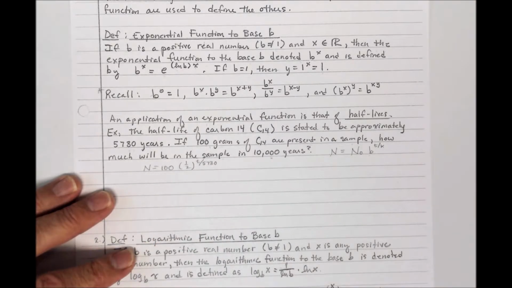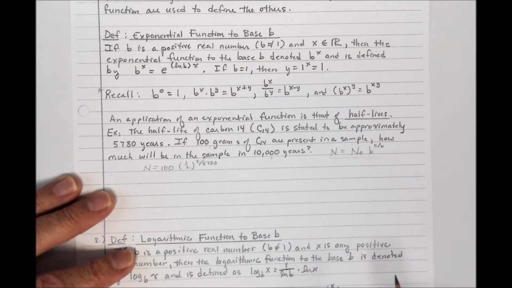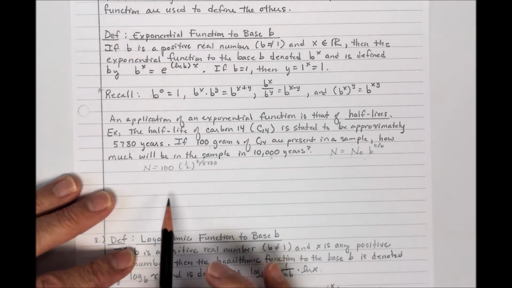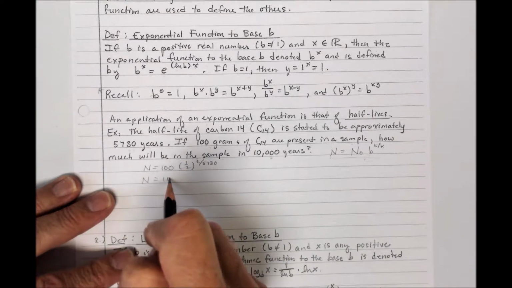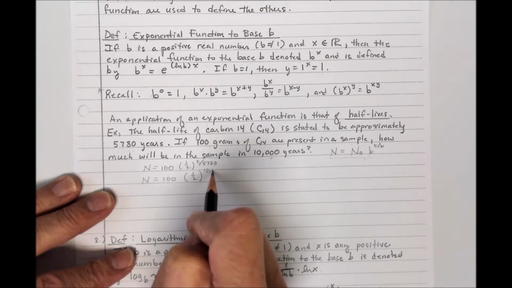We're going to develop a slightly different formula in a little bit, but for this example, this is more than enough. So n is equal to 100 times 1/2 to the 10,000 divided by 5,730.